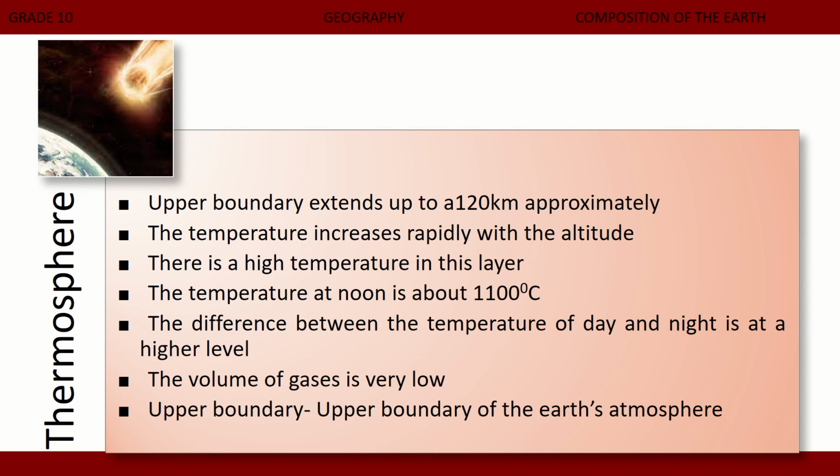The temperature at noon is about 1100 Celsius. The difference between the temperature of day and night is at a higher level. The volume of gases is very low. The upper boundary of the thermosphere is the upper boundary of the Earth's atmosphere.